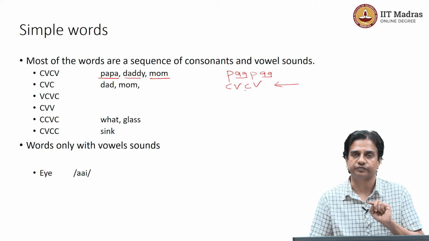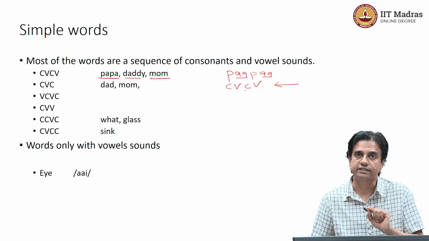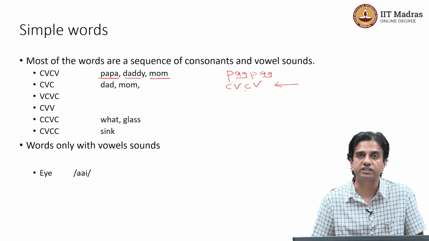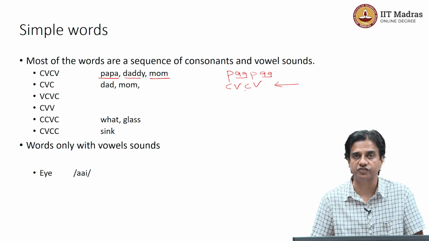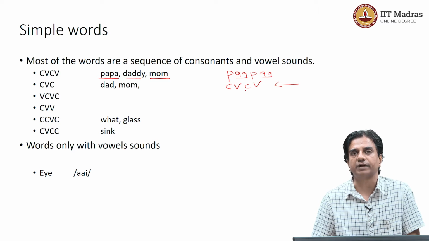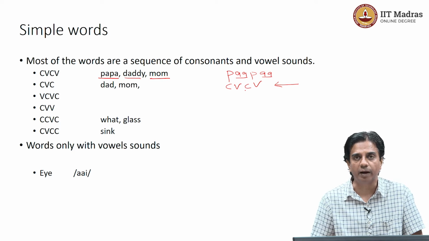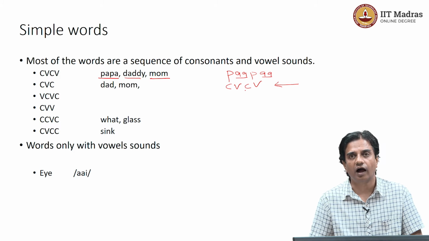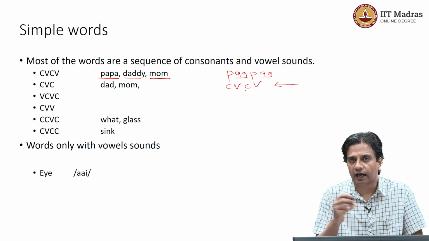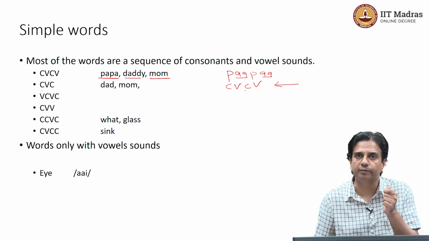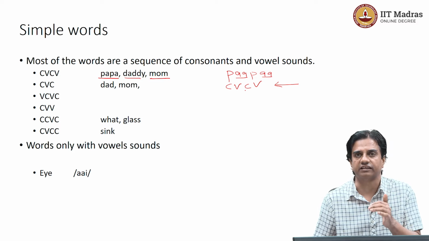Only that sound. What happens is, when we use a consonant sound in a word, that sound gets suppressed. So, when we say papa, we don't say pa, a, we say papa. So, pa and another vowel a come together, and that already inbuilt vowel gets weaker.